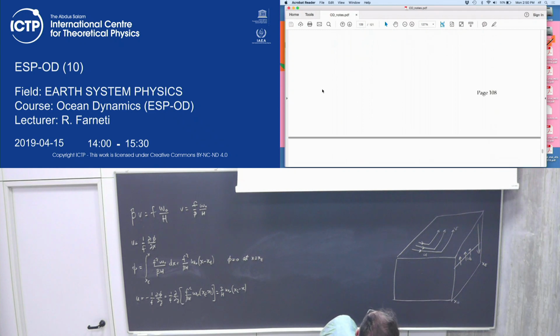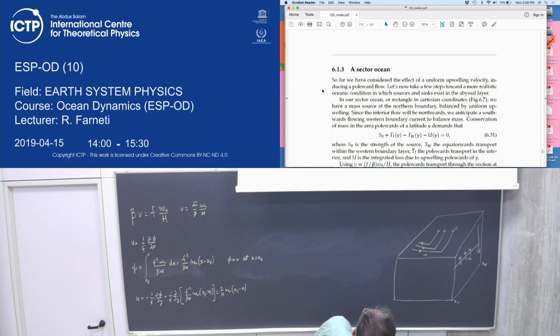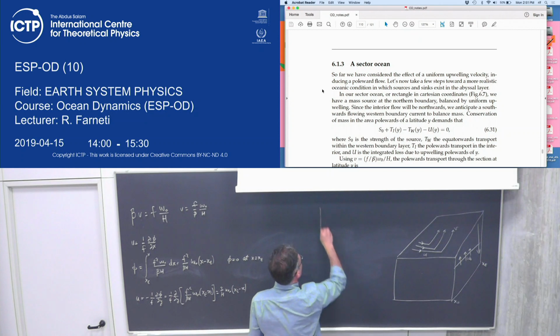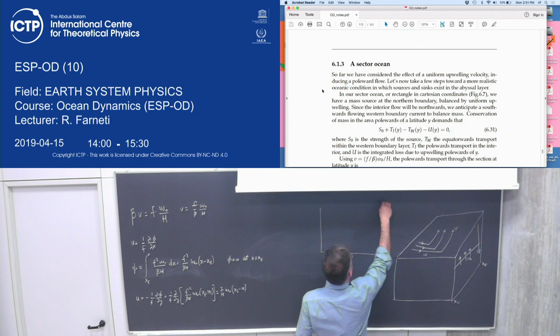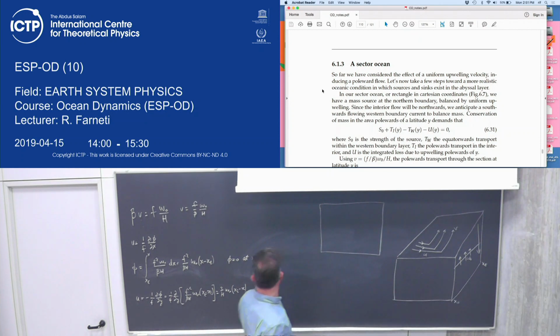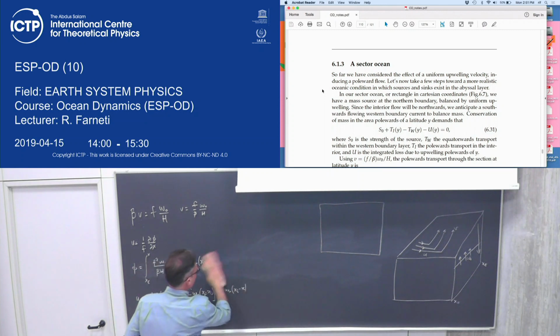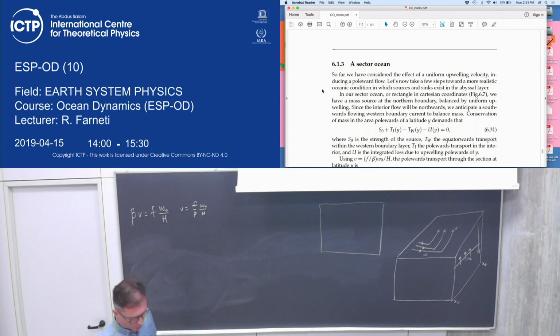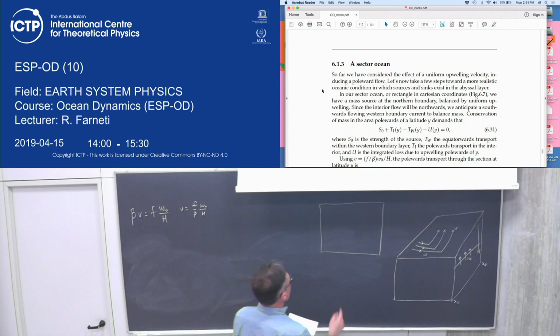So now we can play a simpler game of using just a sector ocean. Okay. And the sector ocean is going to look like this.